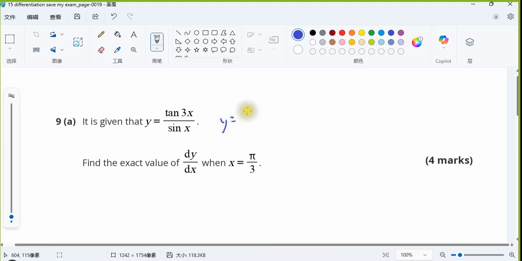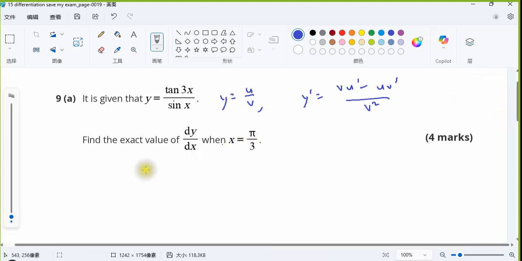So we have y is u over v, (v u prime minus u v prime) over v squared. So find dy/dx when x equals pi over 3.